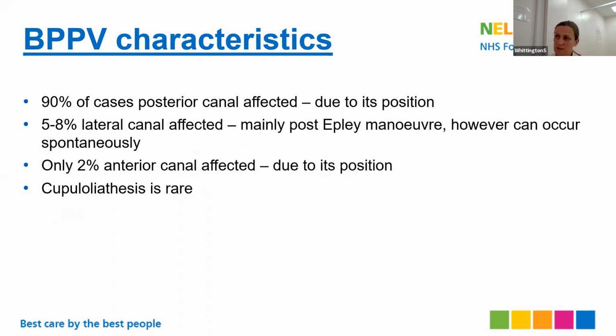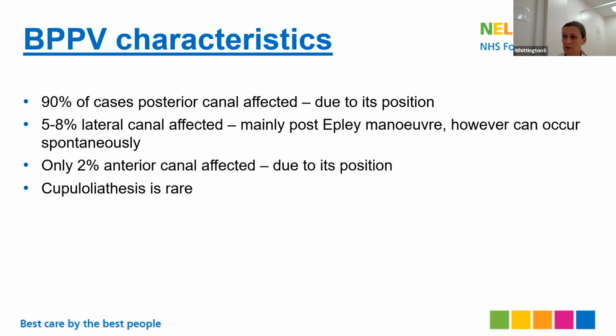In very few cases is the lateral canal affected. That often happens if you treat BPPV with the Epley maneuver, and you can potentially shift some of the otoconia into this lateral canal. And very, very rarely the anterior canal is affected. That's the one that was on the top.